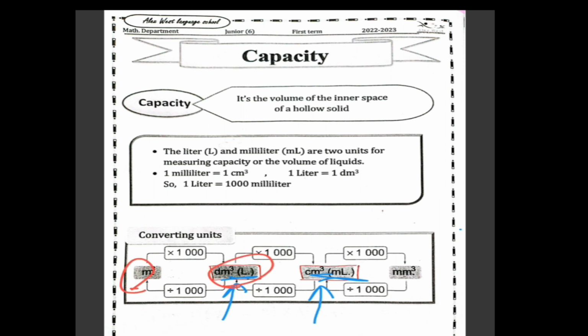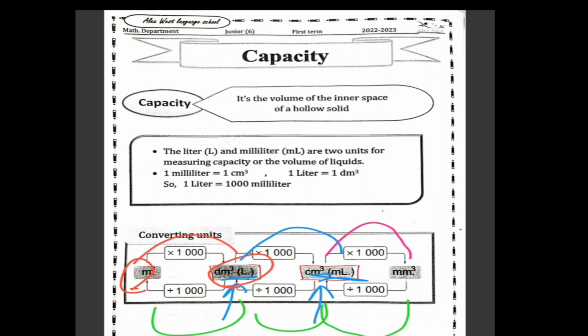So we multiply by 1,000. The same applies to a change from decimeter cube to centimeter cube, and from centimeter cube to millimeter cube. If you want to change from a small unit to a big unit, we have to divide by the same number. Divide by 1,000, divide by 1,000, divide by 1,000.